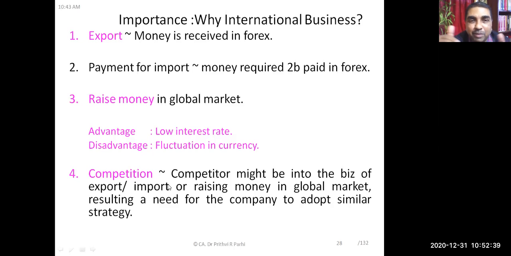It will be very difficult for you to compete with him. So since your competitor is entering, you might have to enter. You are forced to enter, otherwise you will not be able to compete. He is exporting, his profit will be more. He is importing, his cost will be less. He might be getting capital from the international market. His cost of capital will be less. So that company will definitely grow at a faster rate than yours.